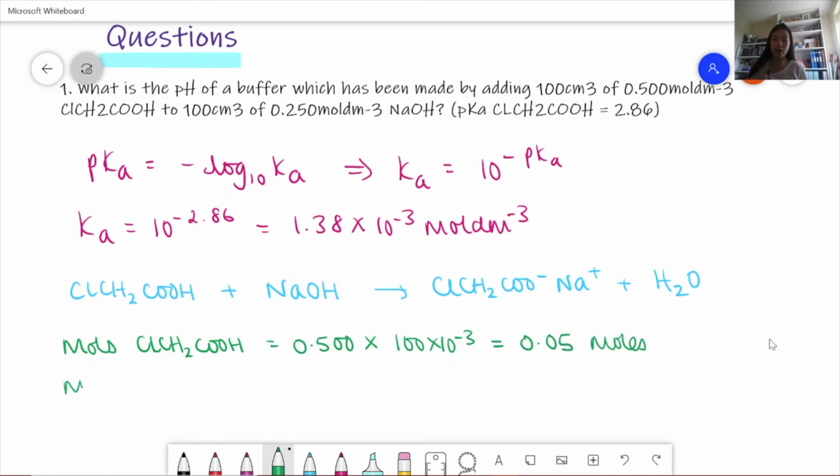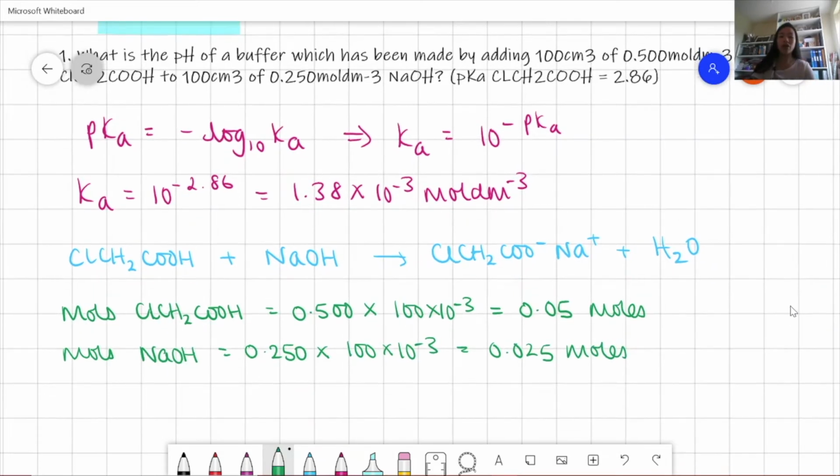And then the moles of sodium hydroxide that we react this with is equal to 0.250 multiplied by 100 times 10 to the minus 3, and this is equal to 0.025 moles.